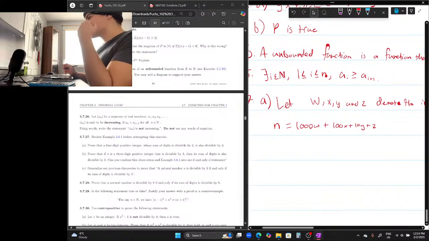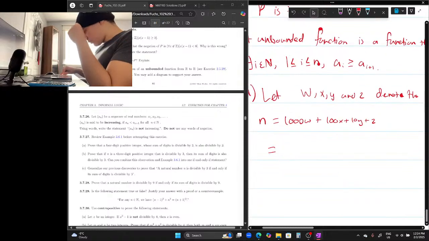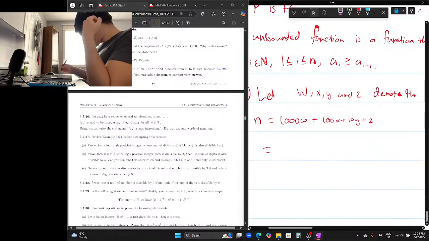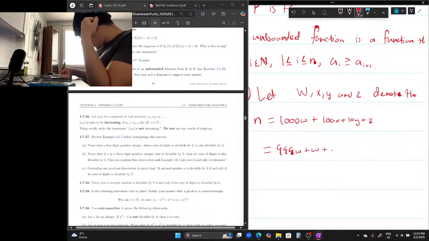Okay. Now we can regroup this. So we want to regroup it so that we can kind of group them together. So we have 999W plus W plus 99X plus X.